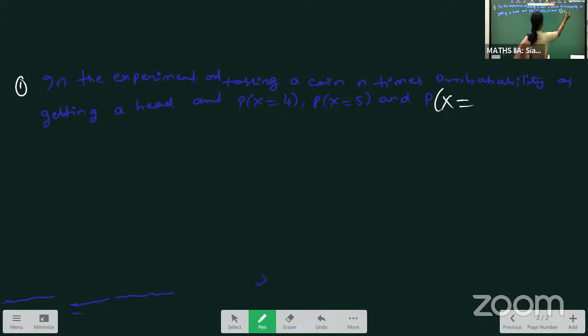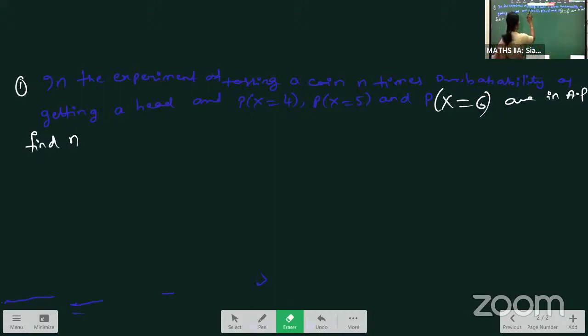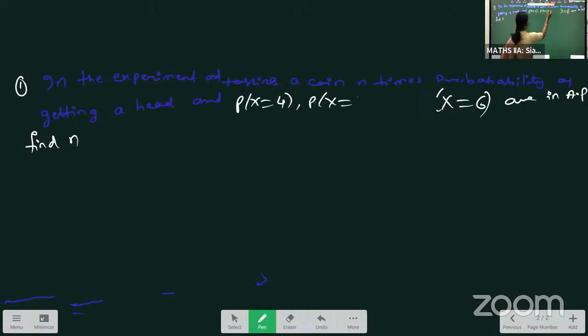are in AP. Then find n. I repeat: in the experiment of tossing a coin n times, the probability of getting a head, and P of X equals 1, P of X equals 4, P of X equals 5 and P of X equals 6 are in AP.